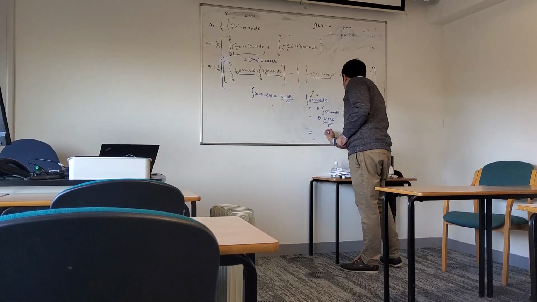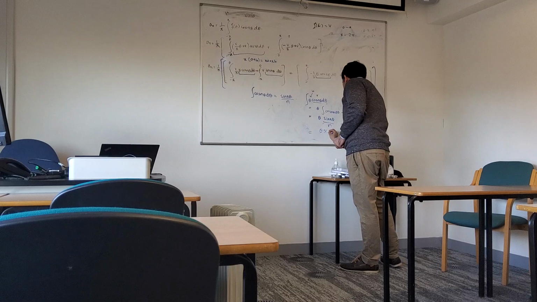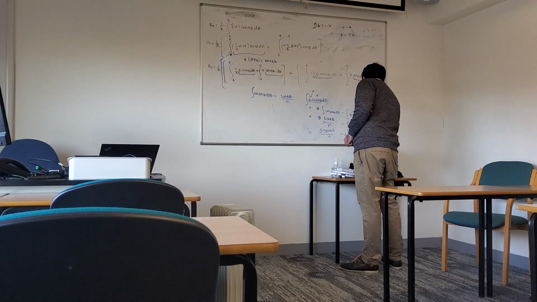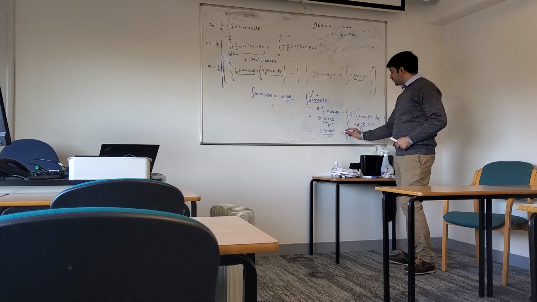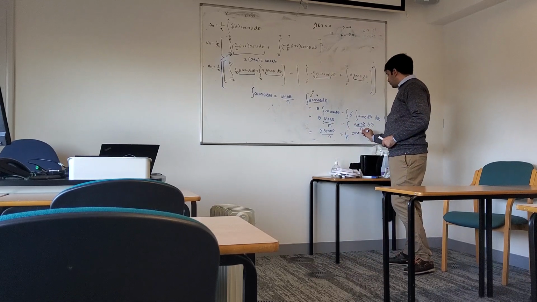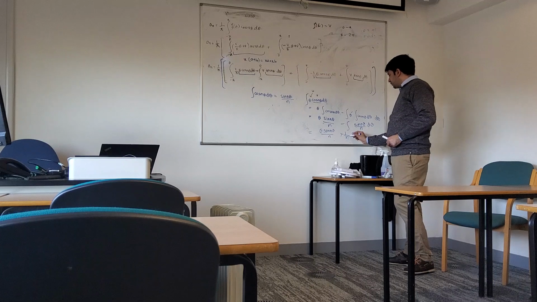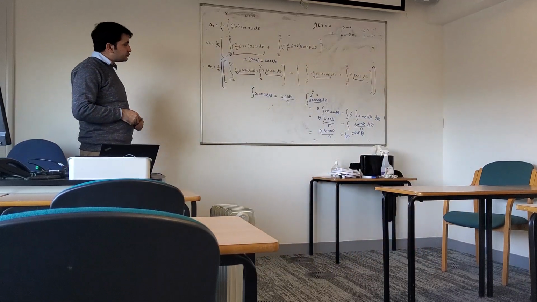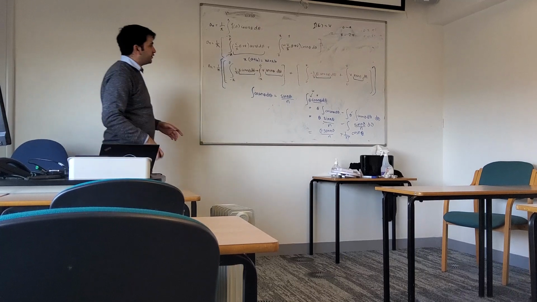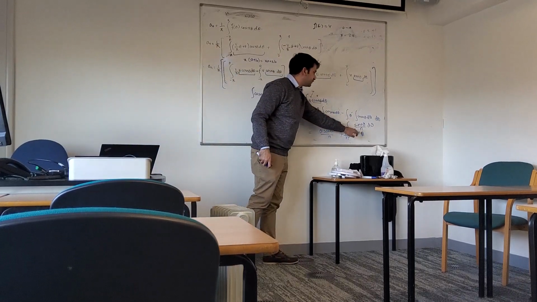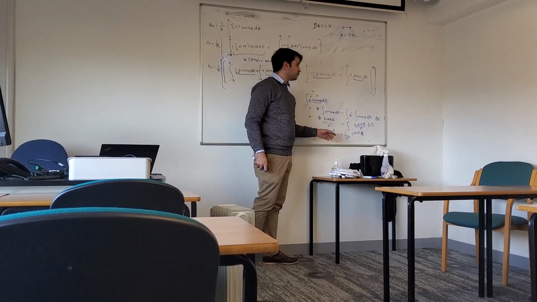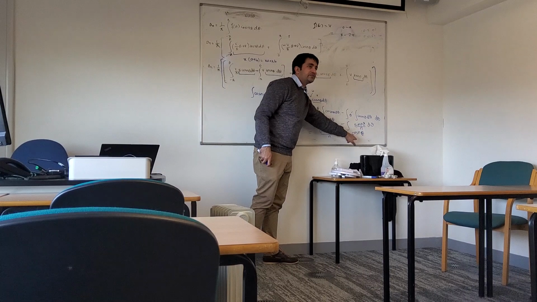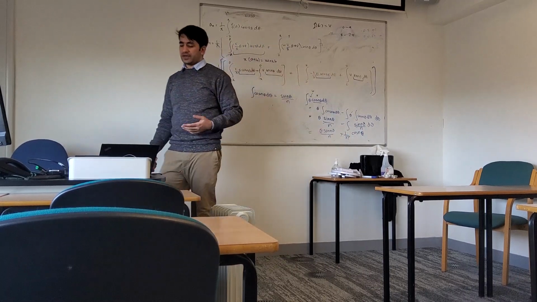If I go further, this would become theta sine n theta by n minus 1 by n, and again for sine this will become plus cos of n theta by n square. This is what I wrote in the slide as well. Because finally from here you have to take another integral for sine, and for sine the integral is minus cosine, so minus minus will become plus, and 1 by n is here, and then the next integral again there would be another n, so it will come to n square.